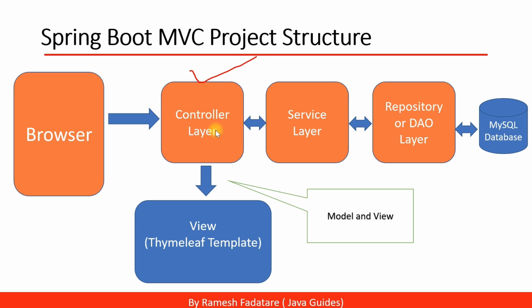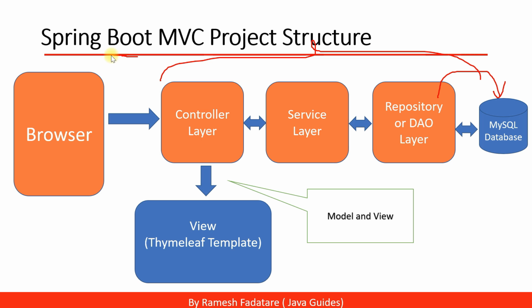The controller layer holds all the Spring MVC controllers, and the service layer holds all the service classes. It has the business logic, and the repository or DAO layer holds all the persistence or database related logic and is responsible for talking with the MySQL database. So this is the three-layer architecture.